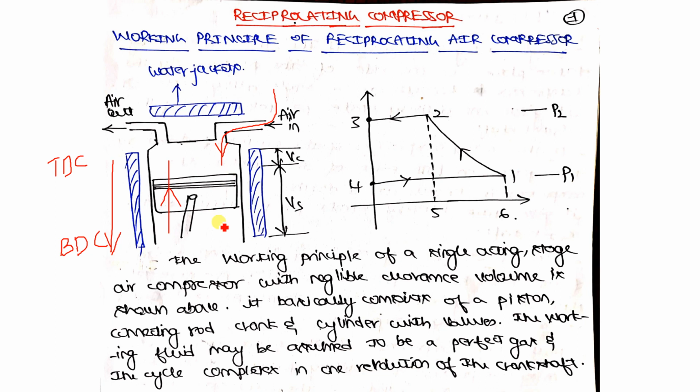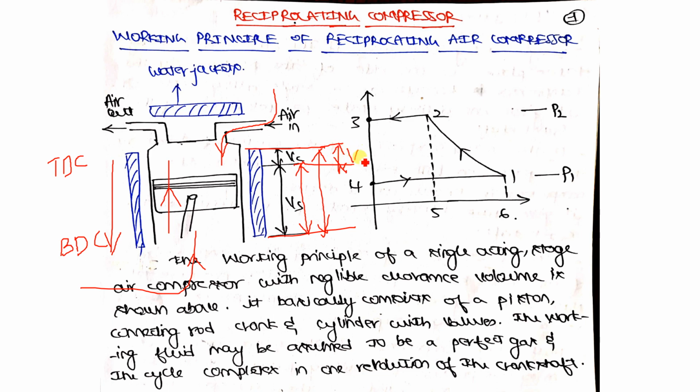Air is sucked in. Then, because of the shaft power which you are giving as an input to the air compressor, whatever volume you have sucked in will be compressed until the volume of VC. Only a small volume is left over. The whole volume is sucked in, and only this much is left over; this particular volume is VC.